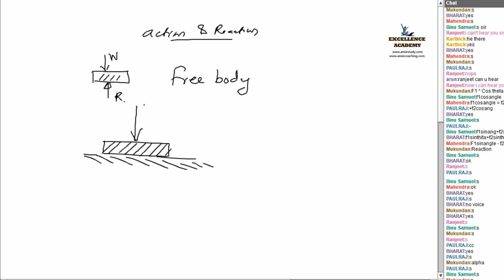A force F is acting like this at the point A. To draw the free body diagram, first of all you have to take that object off the ground and then represent the point A. Then you give the force F at A. Opposite to that force, there will be a reaction from here.